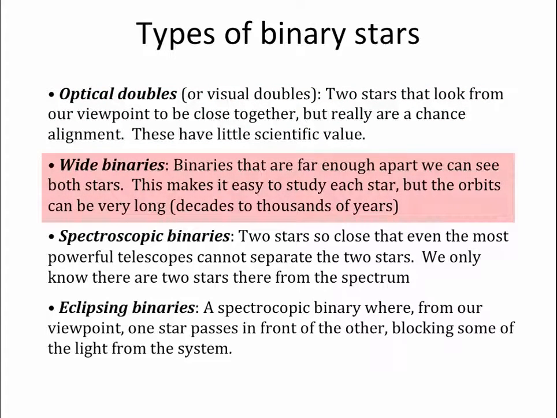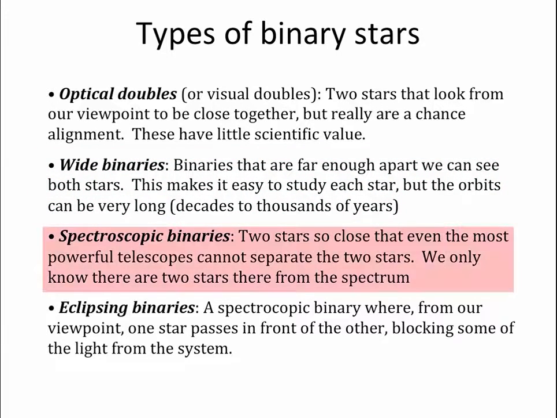The next type of binary star we have is a wide binary. A wide binary star are stars that are far enough apart that with a telescope we can see both stars. And this makes it easy to study each star, but these stars are orbiting each other, and these orbits can be very long, decades or even thousands of years. And so that limits their utility for some purposes.